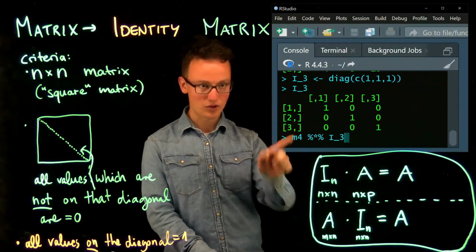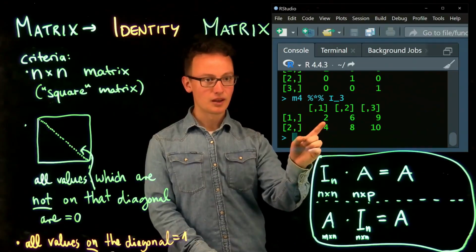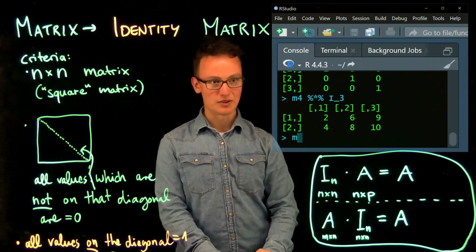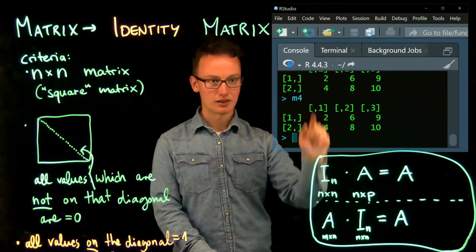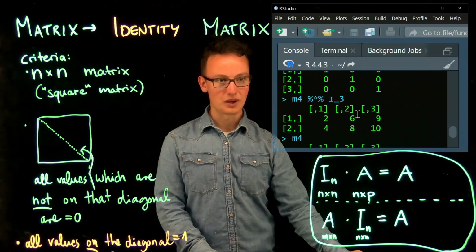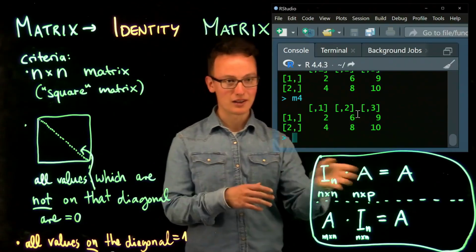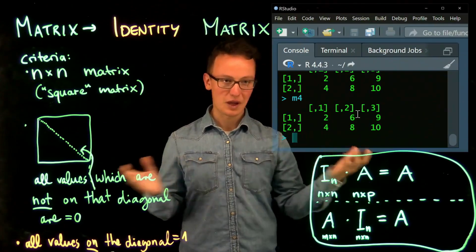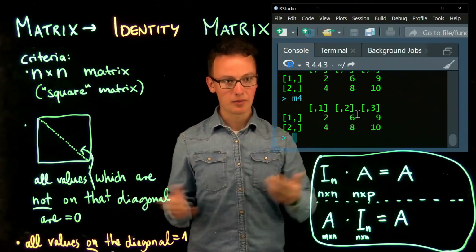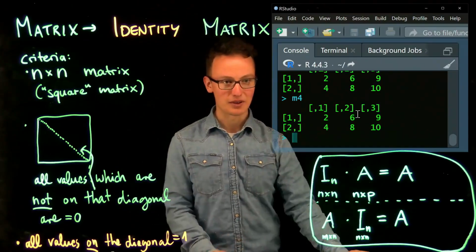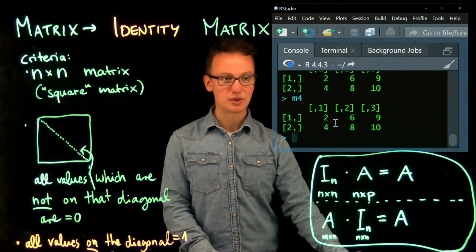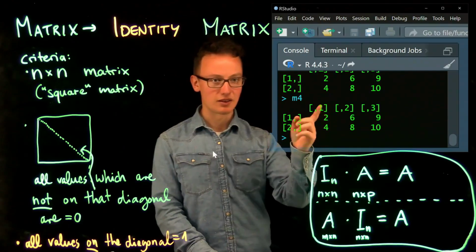So this should work too, and again it should just give me the original M4 matrix as a result, just unmodified. Okay, so that is how we can do multiplication of the identity matrix either to the left or to the right, be it for square matrices like M1, but also for any other kind of matrix like M4, which happened to be a 2 by 3 as we defined it here in this R session.